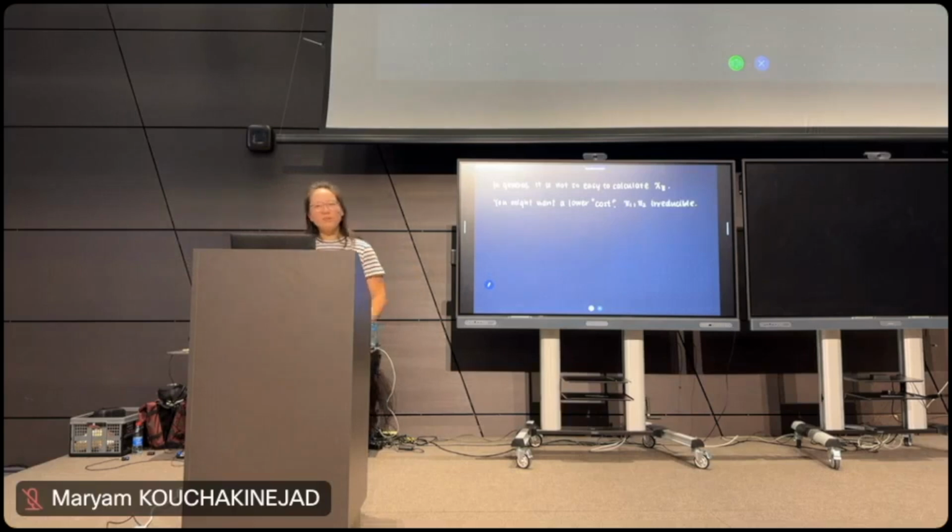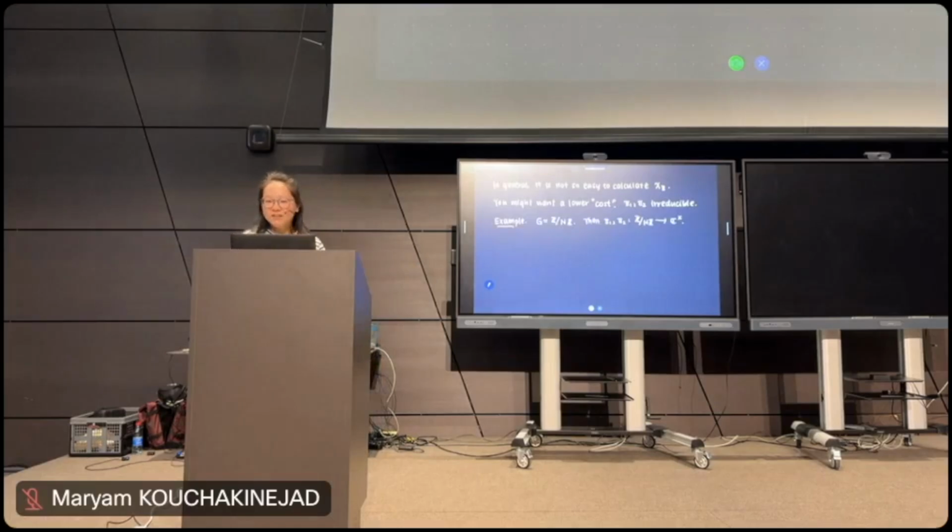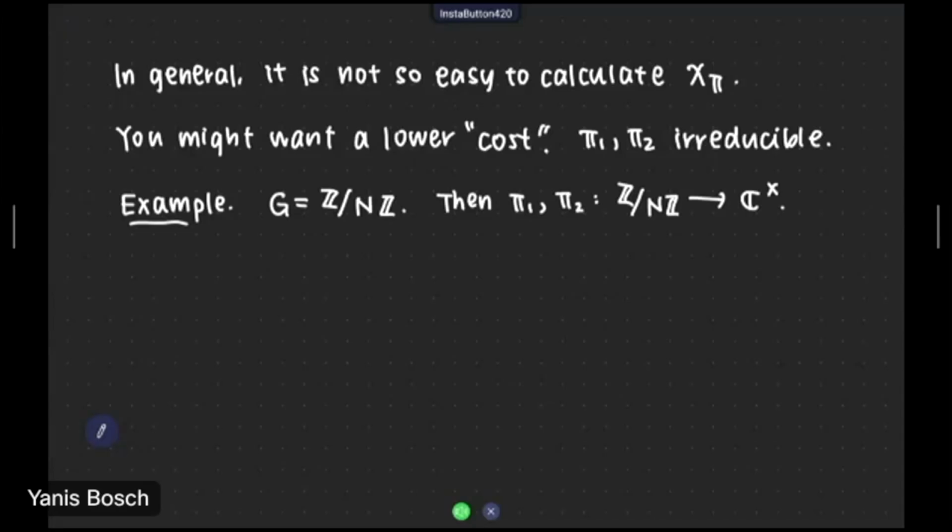Okay, so to simplify some things, let me assume that pi_1 and pi_2 are irreducible. These are my representations. So let me give a really basic example first. Suppose you have a cyclic group of order n, then irreducible representations of this cyclic group are just given by homomorphisms from this cyclic group to C star.